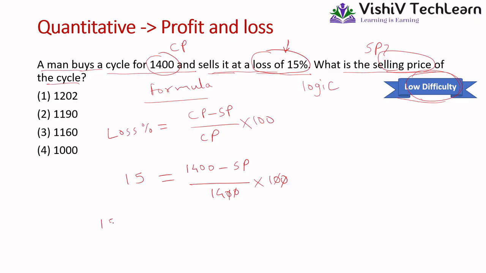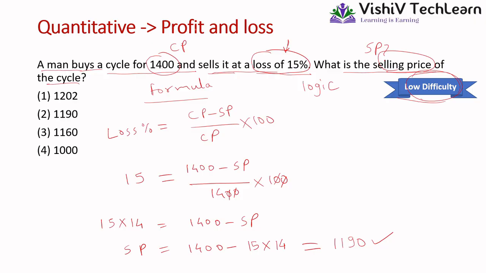We'll write it on the next line. 15 into 14 is equal to 1400 minus SP, correct? Now SP can be brought to this side, and 1400 minus 15 into 14 on the other side. If you calculate it, it will give the answer as 1190.